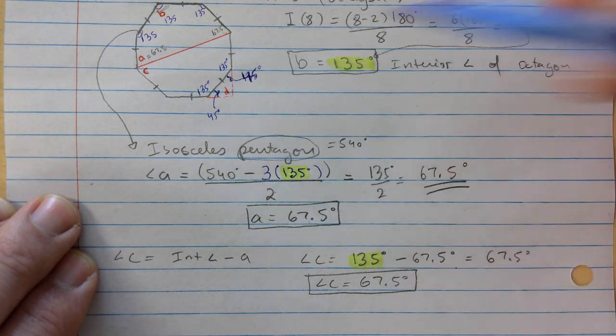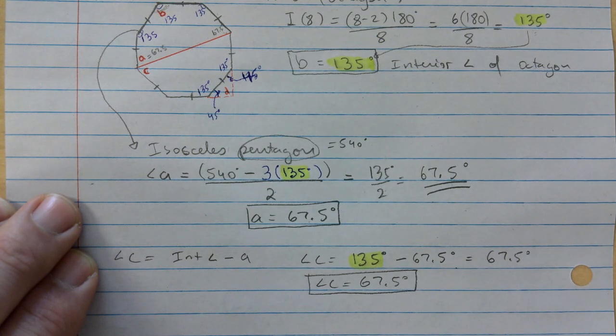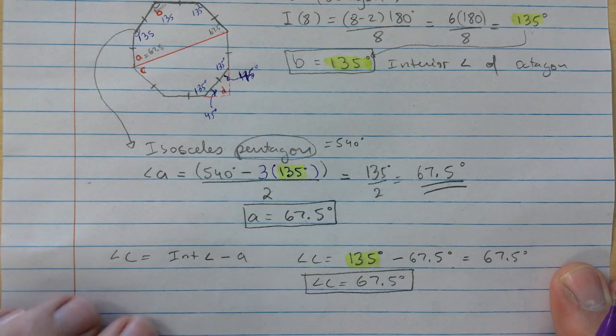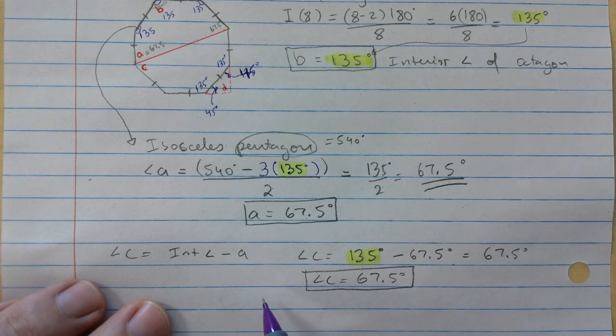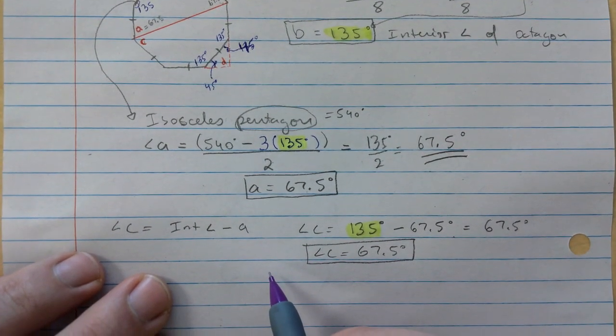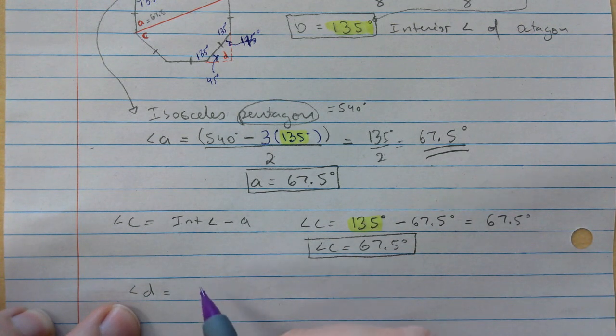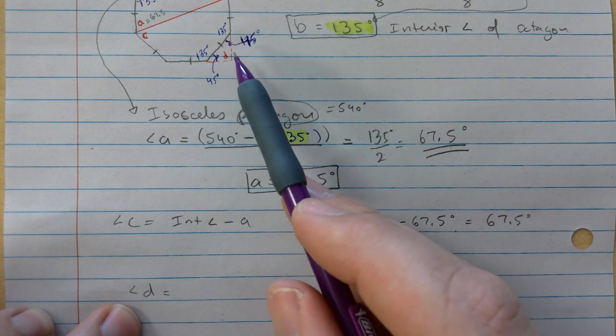And so D, where do I do this so that you have it nice and organized? I'll just keep going down here. Angle D is, this is a triangle, right?